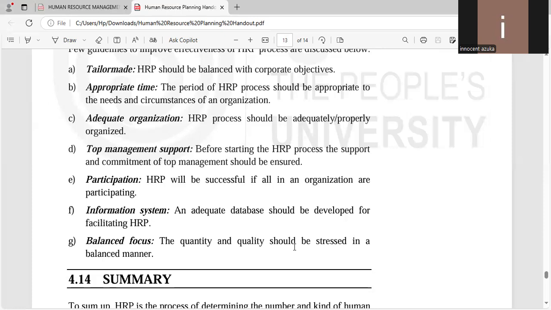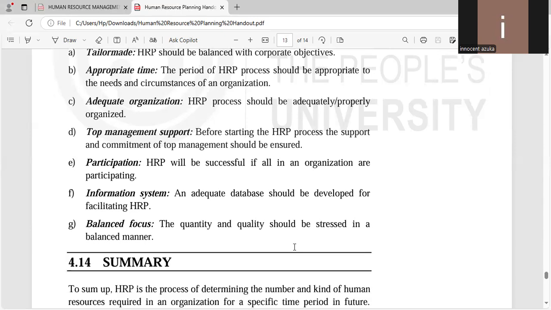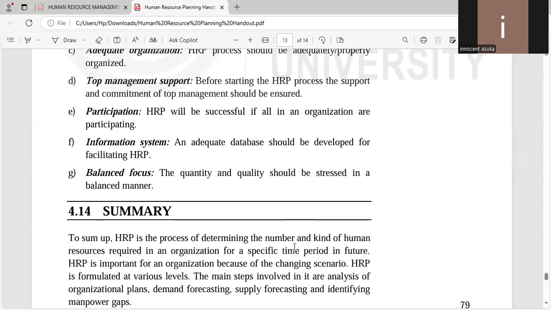We have the information system: an adequate database should be developed to facilitate human resource planning. Balanced focus: quality and quantity should be stressed in a balanced manner.